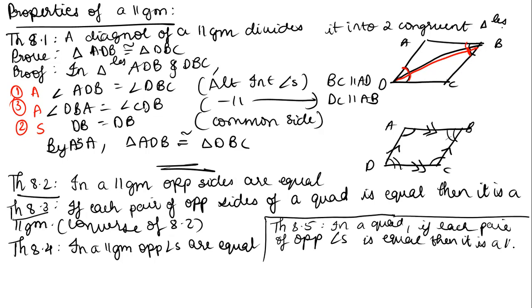Okay, so that means again this is the converse of theorem 8.4, right? So in theorem 8.4, what is it saying? In a parallelogram, opposite angles are equal. But in theorem 8.5, they're saying that in any given quadrilateral, if each pair of opposite angles are equal, then that particular quadrilateral is a parallelogram. I hope that is clear.